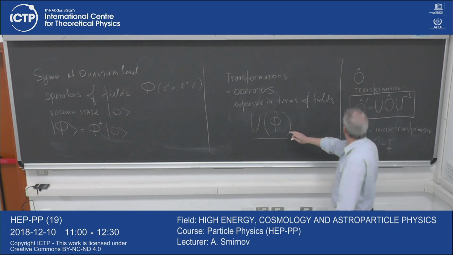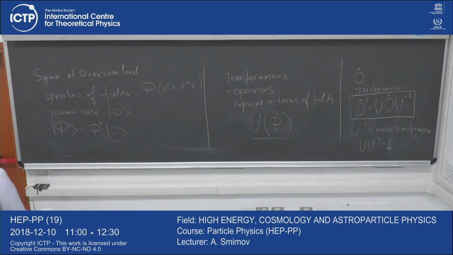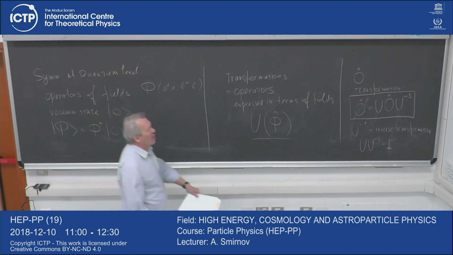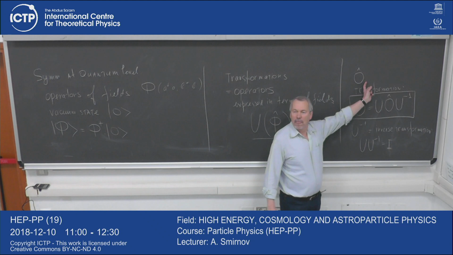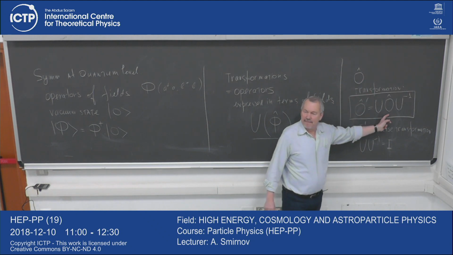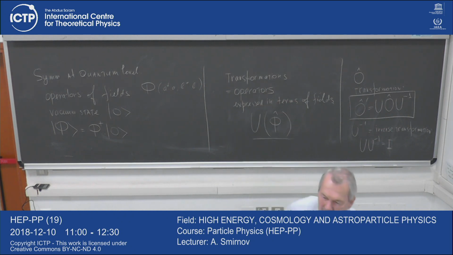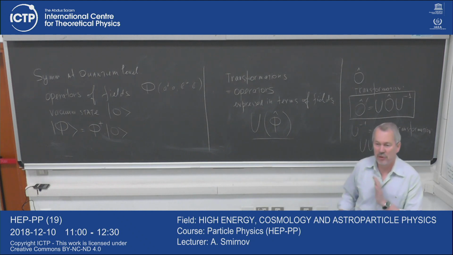If U is the operator of transformation, then the transformation of a given operator is done in this way. Now there is a correspondence to what we have in the case of classical physics, and I will show you this later.